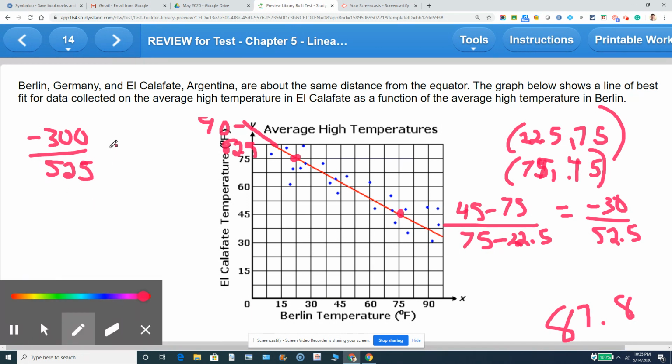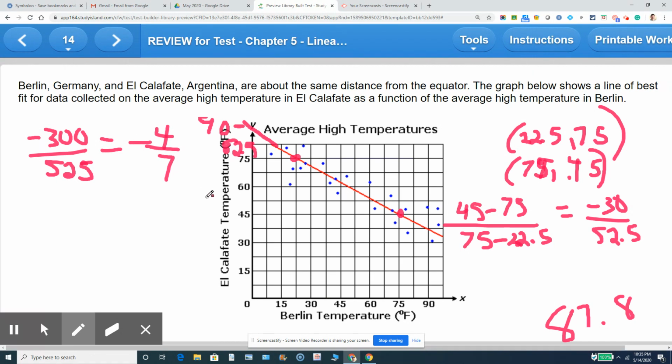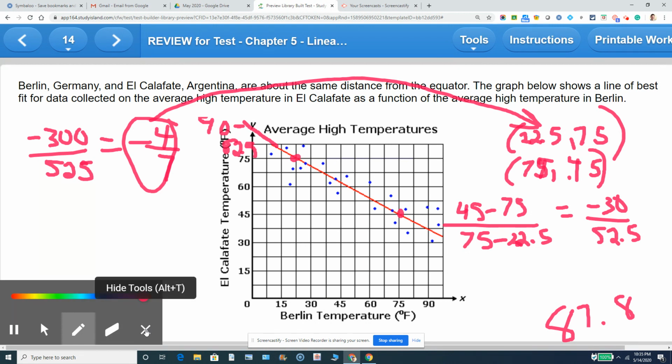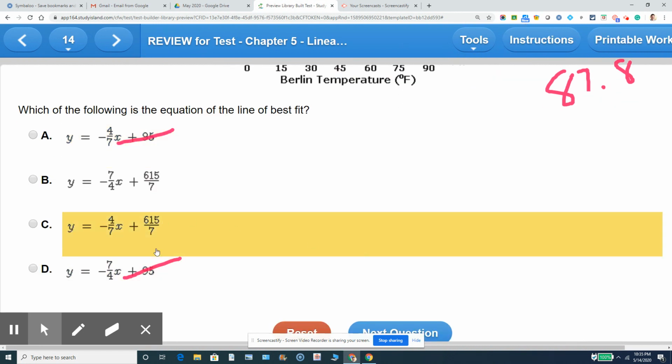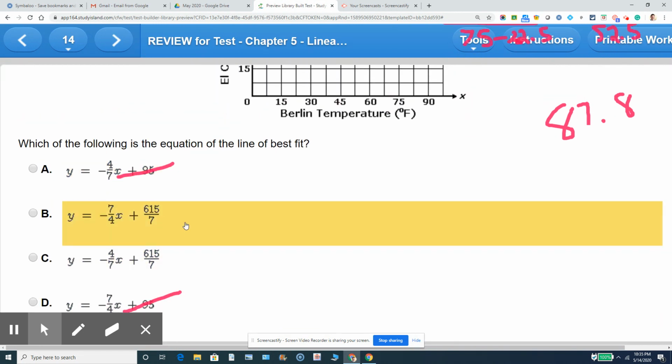So if you reduce this, you get negative 4/7. How cool is that? So that's actually the best way to do it. And this is your slope. Now, if you wanted to, you could take your slope and one of these points and plug them in the slope-intercept. But we don't really need to do that, and I'll show you why. Because if we scroll down and look at our answer choices, there's only one, actually, well, two.